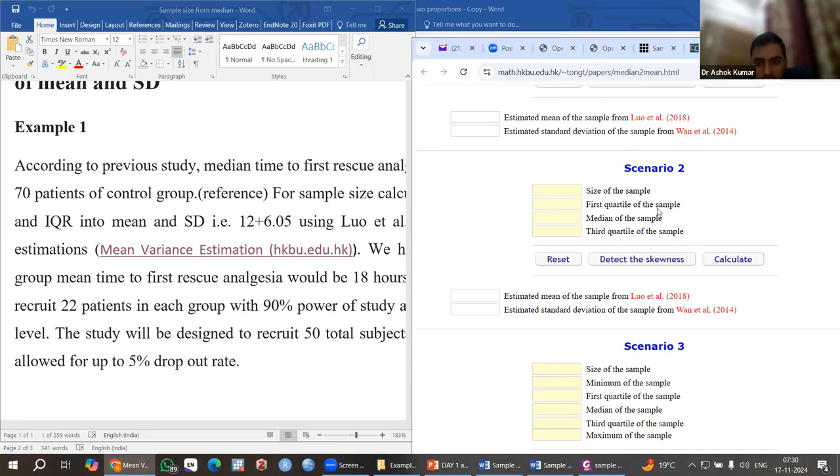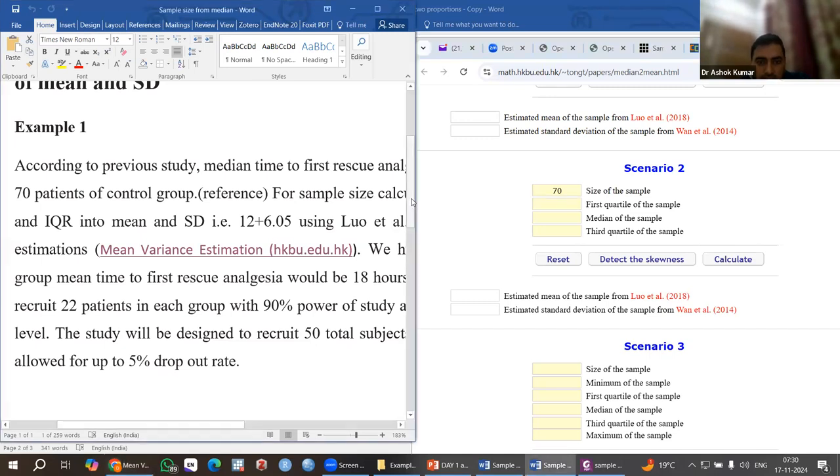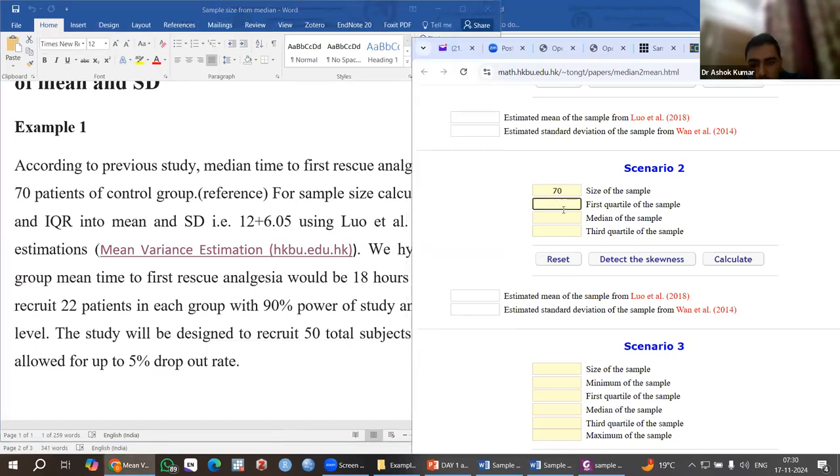So we will use this scenario. Sample size is 70, already given previously. First quartile is 8, median 12, and third quartile 16.